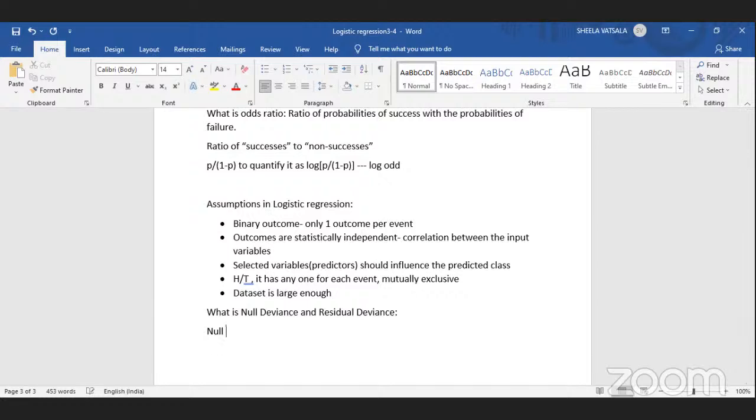Null is nothing but beta naught, I will just mention it as B naught. The degrees of freedom is n minus 1, as you all said.